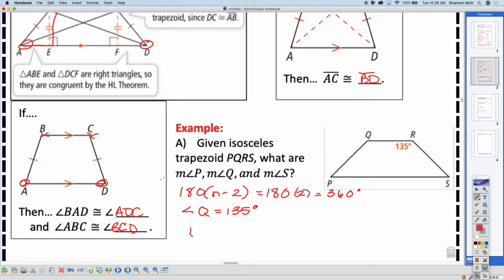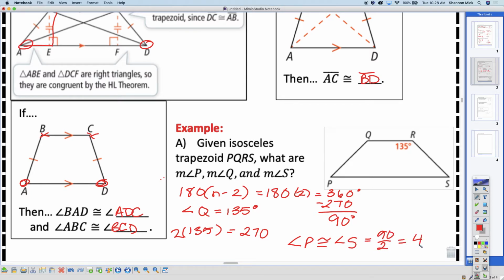So 135 times 2 is 270. Then 360 minus 270 is 90. And then P is congruent to S, which is 90 divided by 2, which is 45.